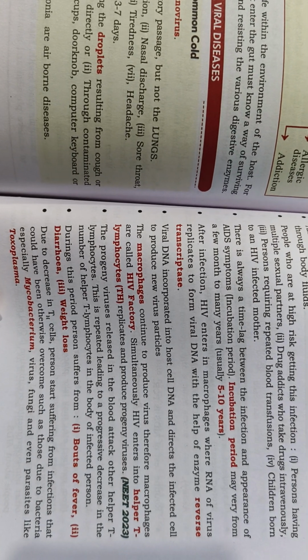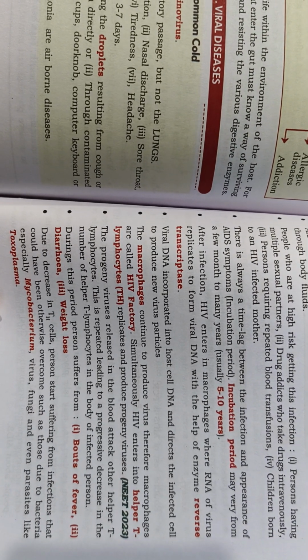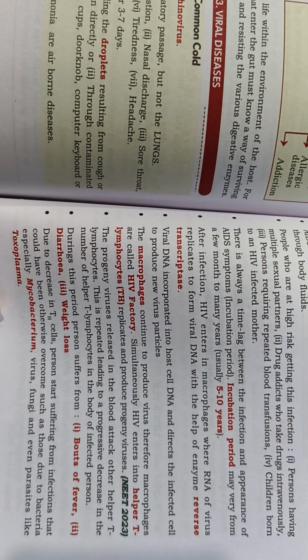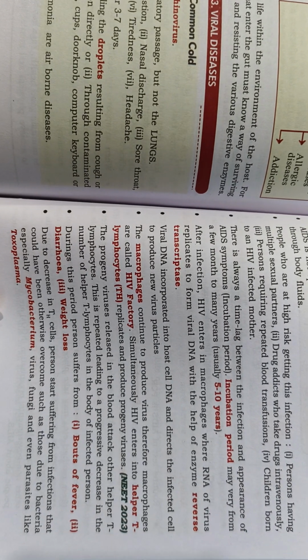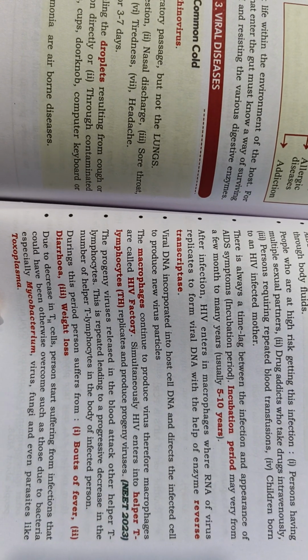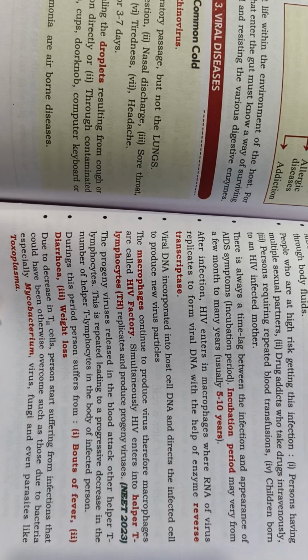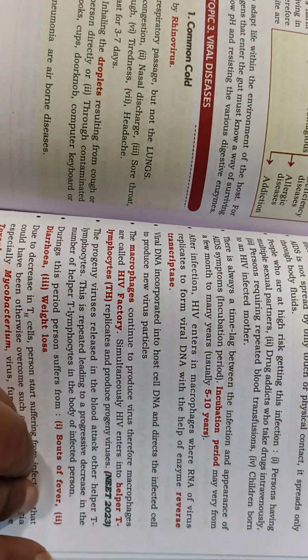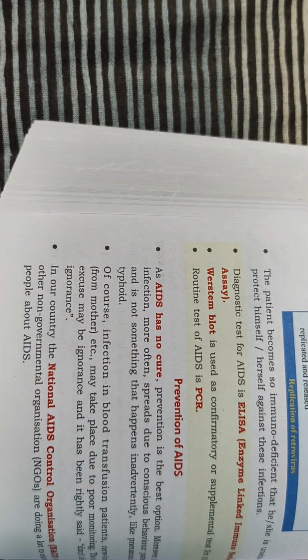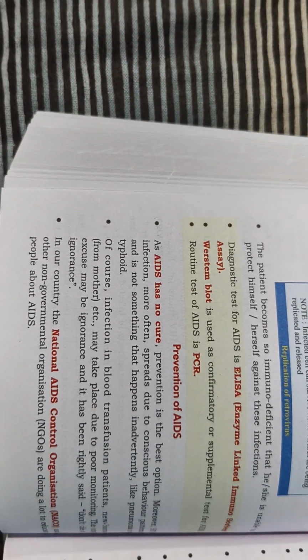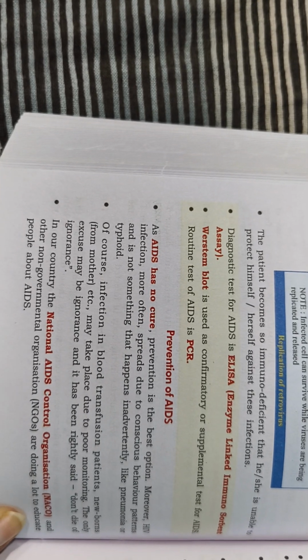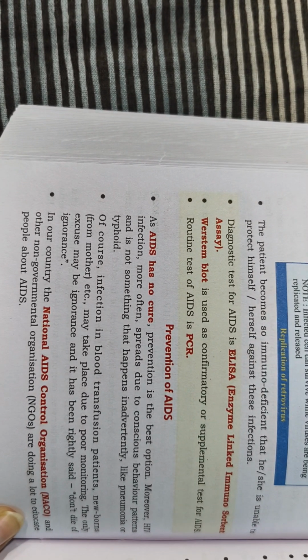Due to the decrease in TH cells, the person starts suffering from infections that could have been otherwise overcome, such as those due to bacteria, especially mycobacterium, virus, fungi, and even parasites like toxoplasma. The patient becomes so immunodeficient that she is unable to protect herself against these infections.